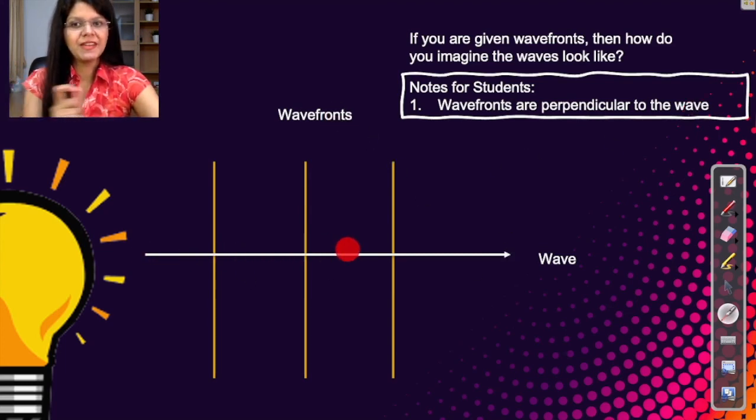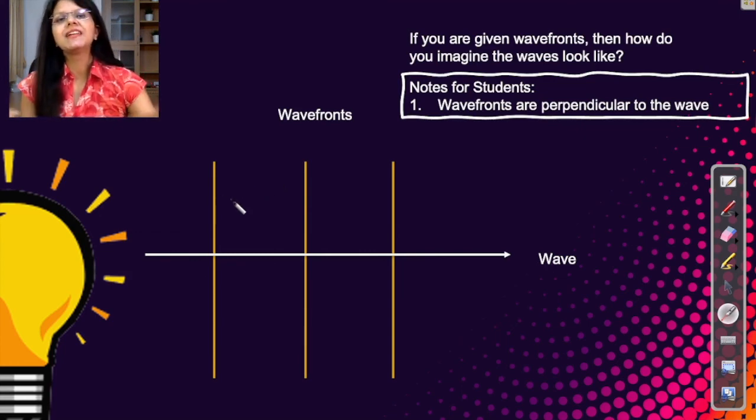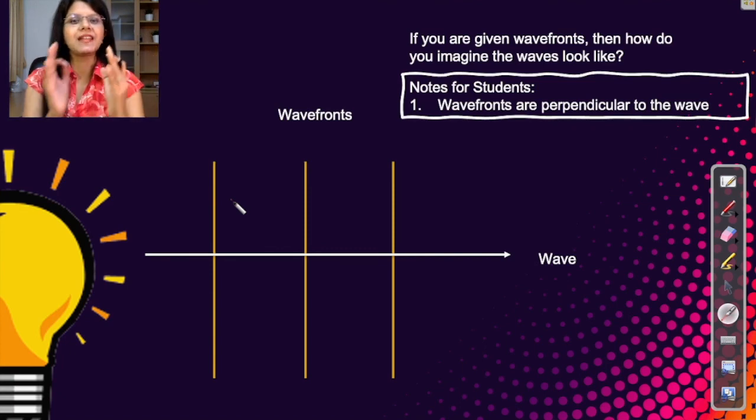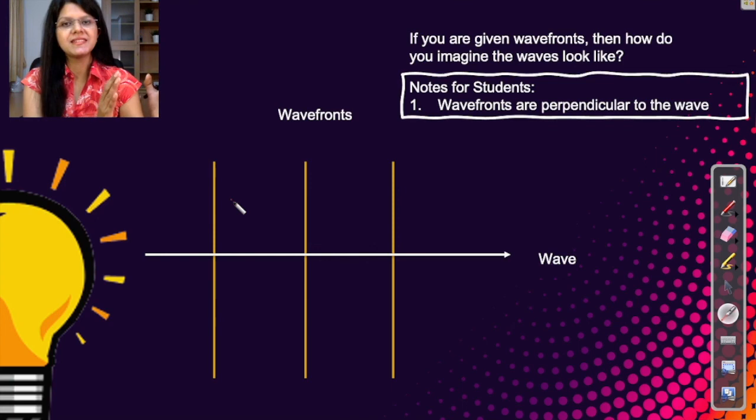If the wave is moving left to right, the wavefronts are perpendicular to the wave. Make sense? So whenever you are given a wave, you know that the wavefronts would be imaginary perpendicular lines to the wave, and these wavefronts should be equidistant. The spacing between the wavefronts should be lambda. All these things should come out clearly in your visualization now.